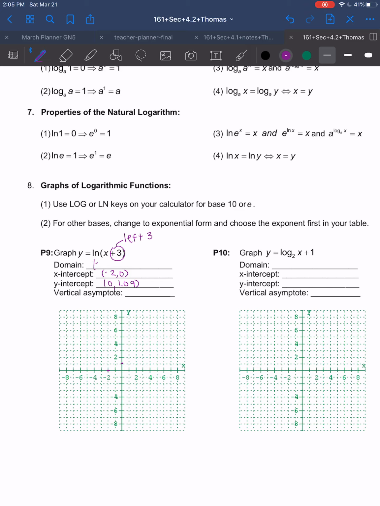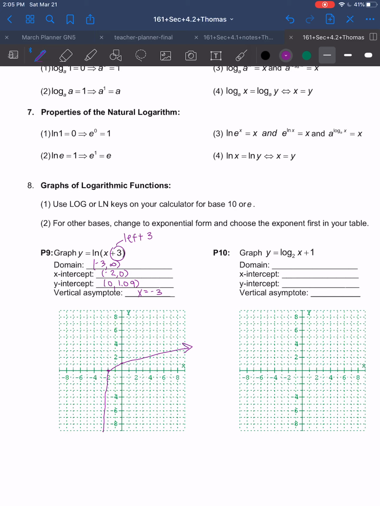Negative 3 to infinity. And then your vertical asymptote is going to be x equals negative 3. So since this one moves left, that means we're going to have a vertical asymptote at negative 3 instead of 0, because it shifts. And that's a really great picture, but yours should be better than mine. And then, so that's how you do that.